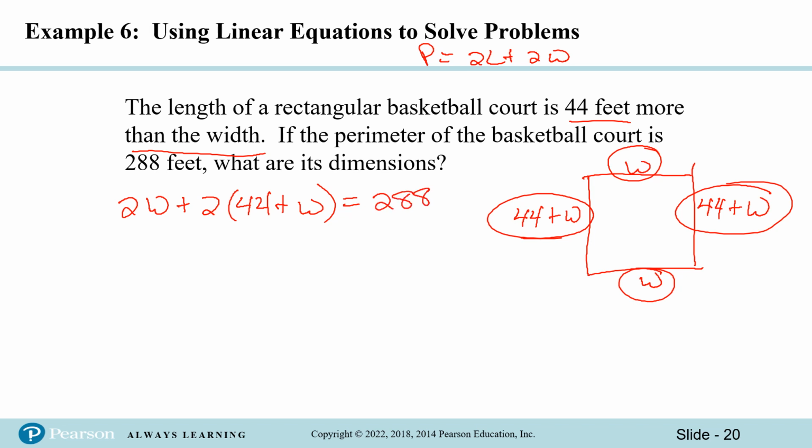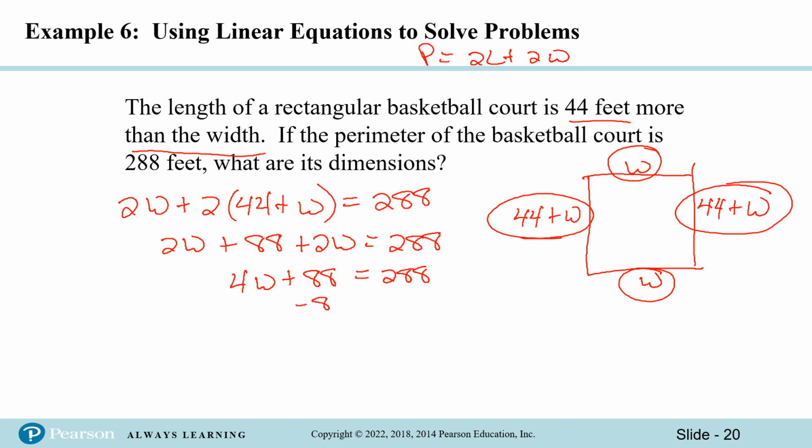Okay, so we're going to solve. And like I said, solving the equations is not the difficult part. Usually they give you easy numbers, but coming up with the equation, that's the one. And it just comes with practice. Just do it, practice, practice, practice.